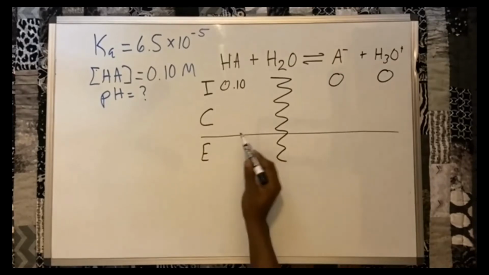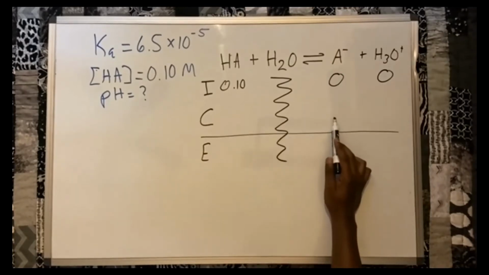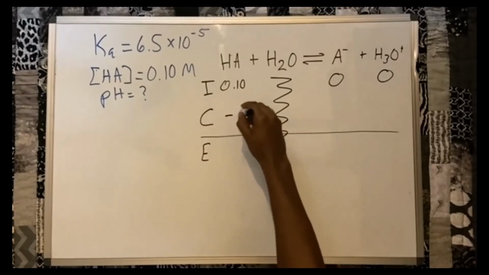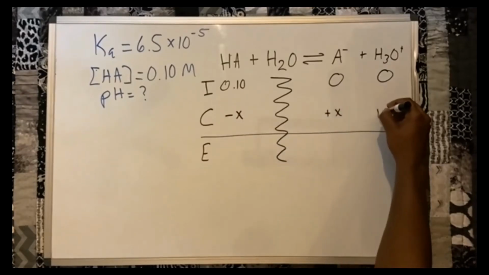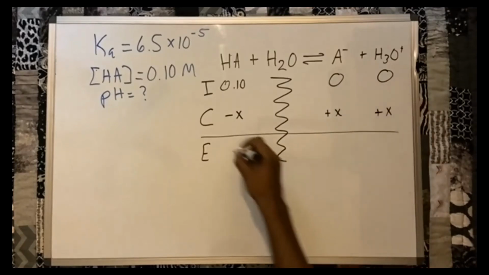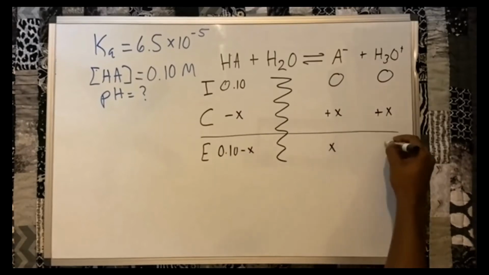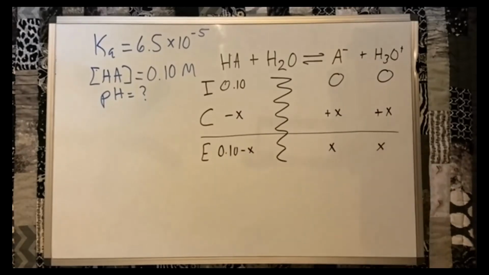Good. Now what are the changes? It's going to be minus x for HA, and then plus x. So 0.10 minus x, and x. Good so far? Okay, now what?